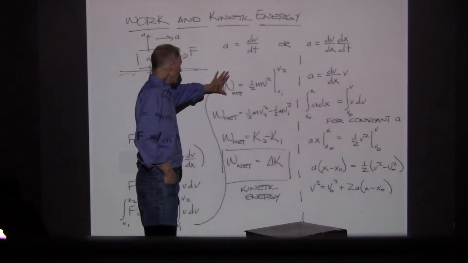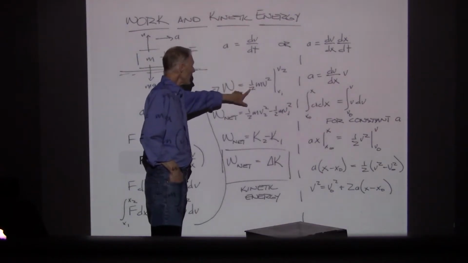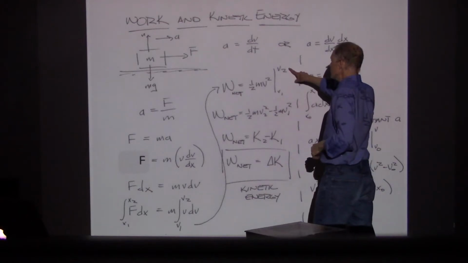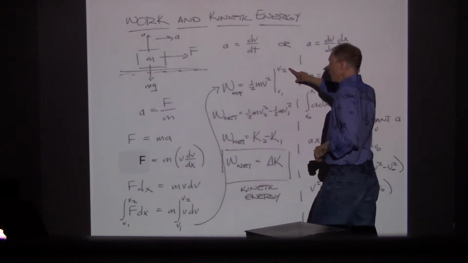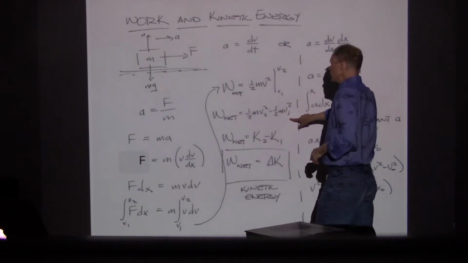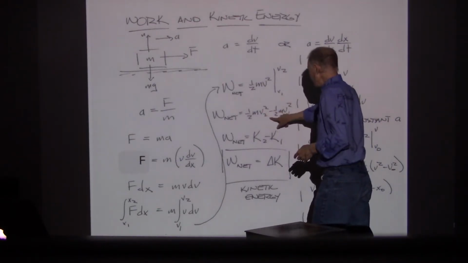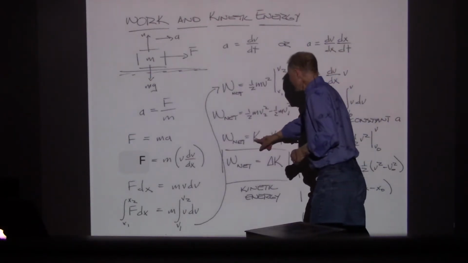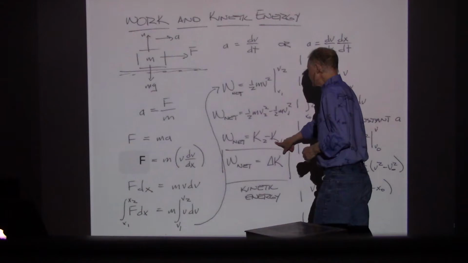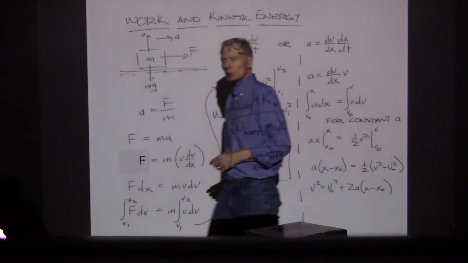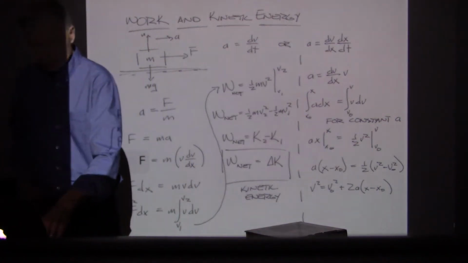The total energy transfer becomes 1/2 mv squared, evaluated from v1 to v2. What that's going to become is the net energy transfer is equal to 1/2 mv2 squared minus 1/2 mv1 squared. That's kinetic energy 2 minus kinetic energy 1. That is W net is equal to delta K.